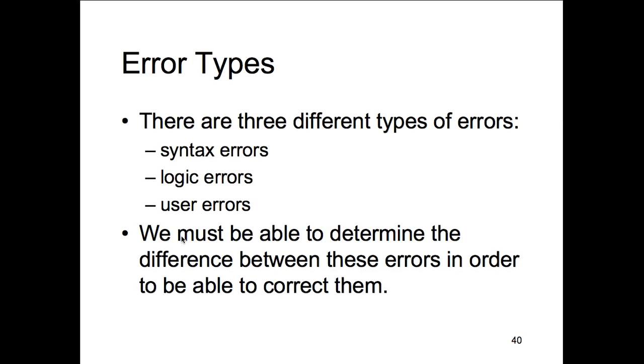And not only the user, but now we also have to worry about non-users. We have to worry about robots, agents that come through and automatically fill out stuff, because their job is to go out there and populate the internet with bad information or something. I don't know what their jobs are, but you must be able to determine the difference between the errors in order to be able to correct them.